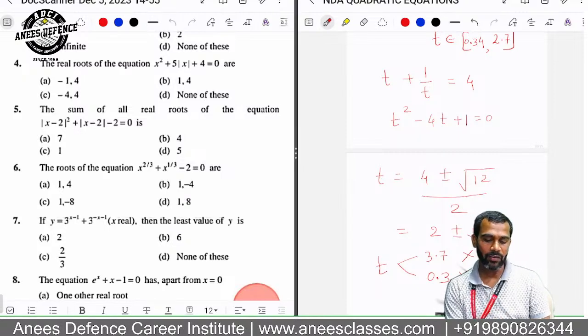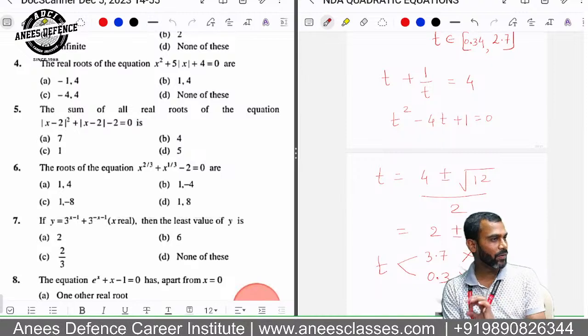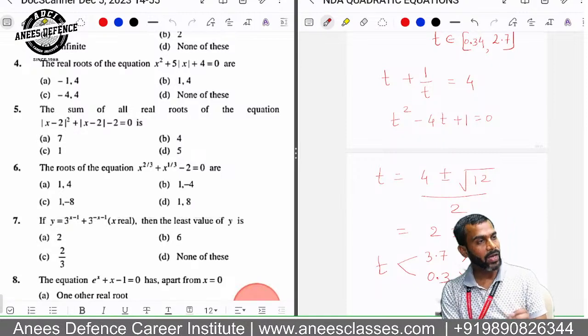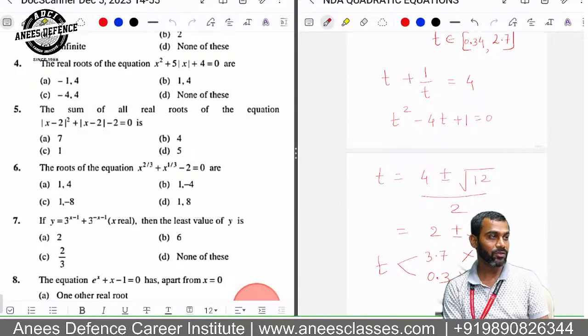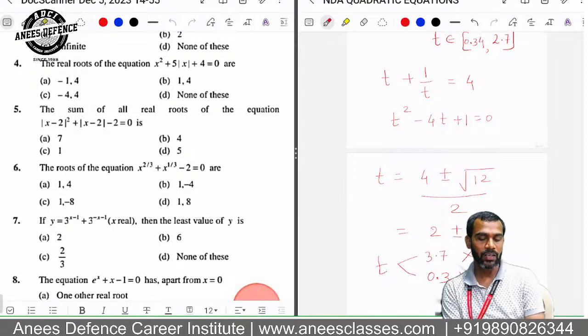Sum of 3 non negative will be 0 if and only if all are 0. x square can be 0, 5 mod x can be 0, but 4 can't be 0. So that is why you will not get any real value of x which satisfies the equation. Answer is none of these again. Many none of these come. So answer is D. We will not get any solution. So question number 4, orally we can answer. Yes or no? D option.